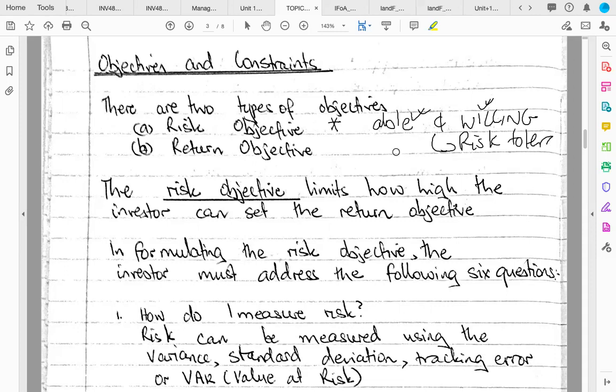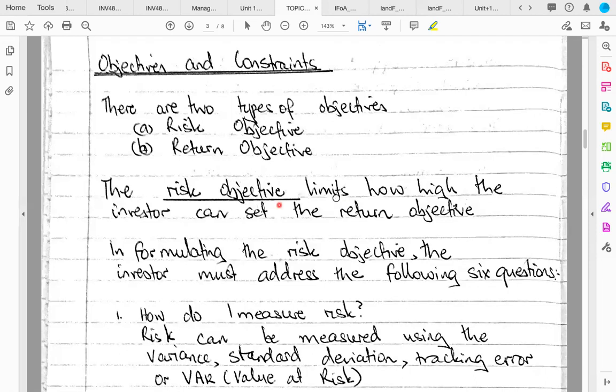Right? We have to state the risk objective. And then once we understand how much risk the investor is able and willing to take, we then have to specify the return objective. What's the return that the investor is actually after, given the risk they are able and willing to take, which is the risk tolerance, right?